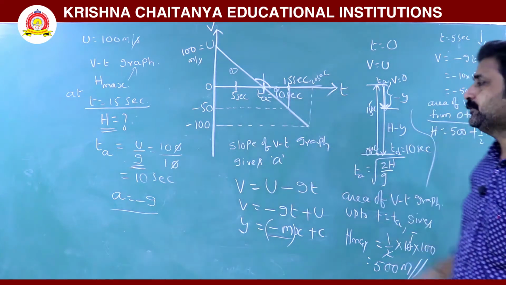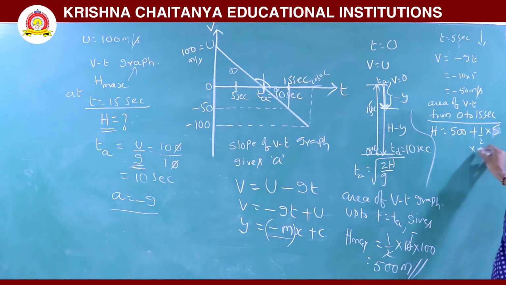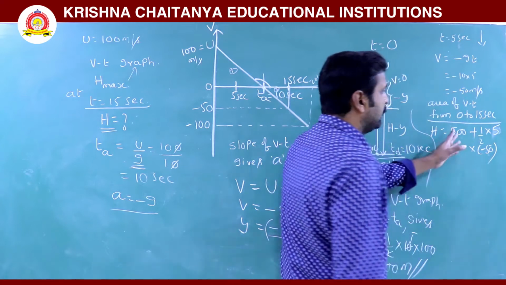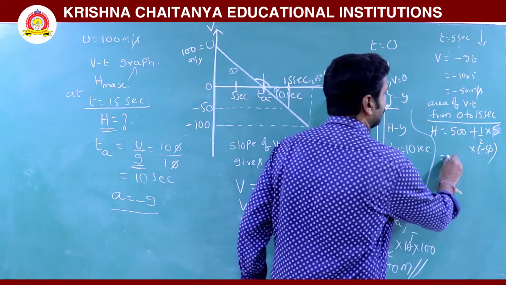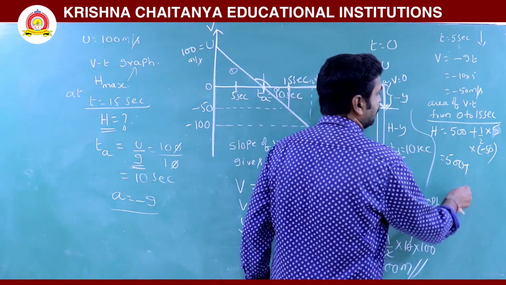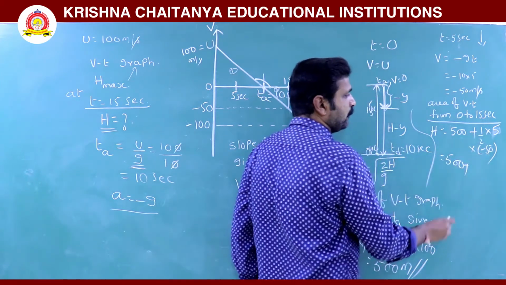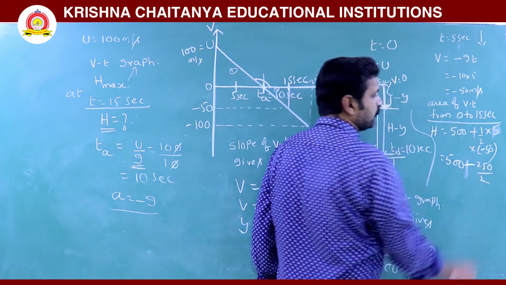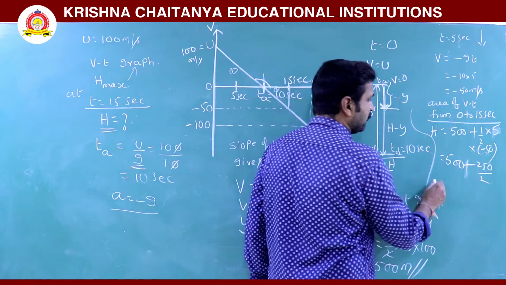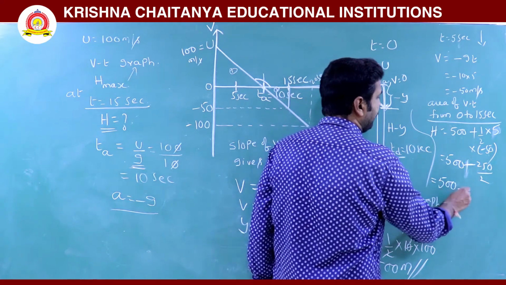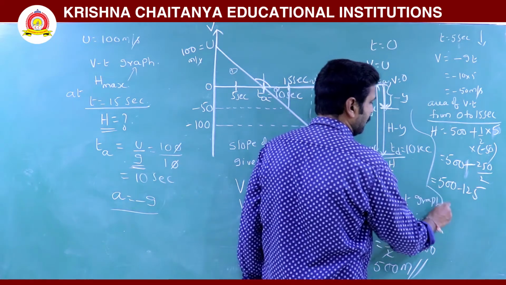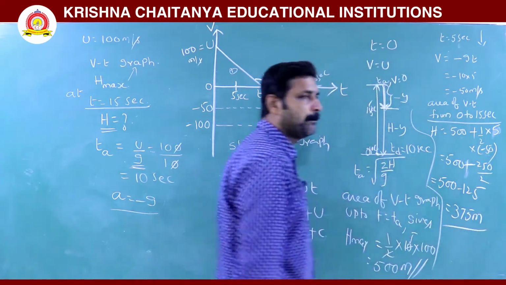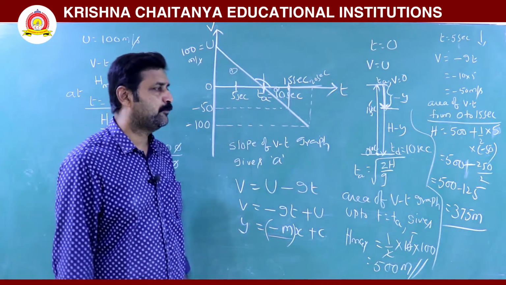So 500 plus half into 5 into minus 50, which is minus 250 by 2, that is 500 minus 125. 500 minus 125 means 375 meters. So that is the height after 15 seconds.